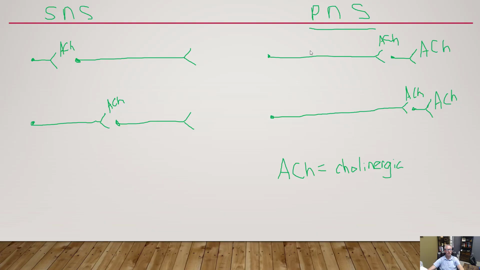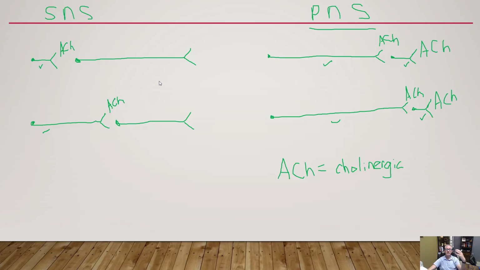So here we actually have a total of 6 cholinergic neurons: 1, 2, 3, 4, 5, and 6. So anytime neuron to neuron releases acetylcholine, and then your parasympathetic postganglionic fibers release acetylcholine.